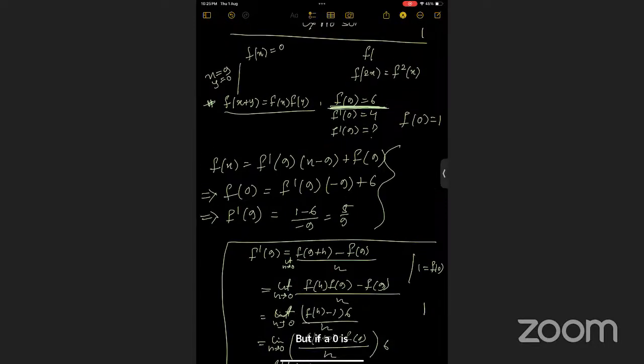Someone just told that you can just put this and then it will satisfy for all real numbers, right? So if you take x equals 9 and y equals 0, then it will again satisfy this. Then we will get 6 equals 6 into f of 0.